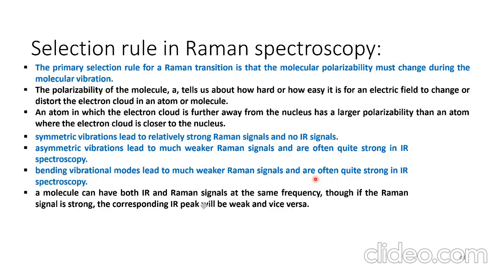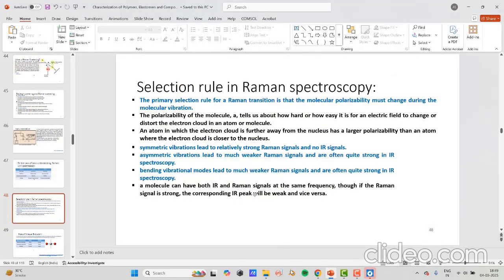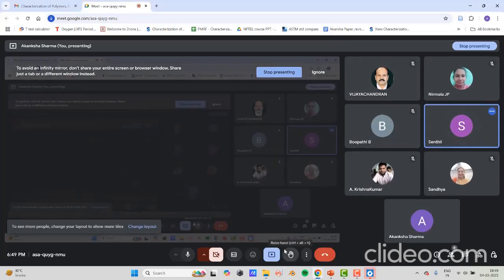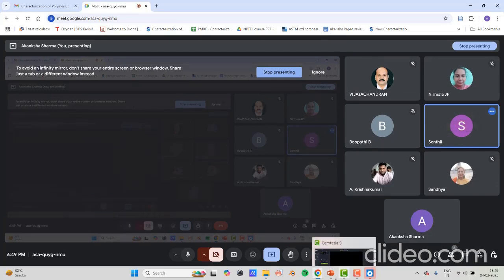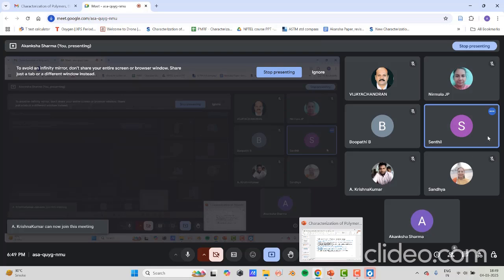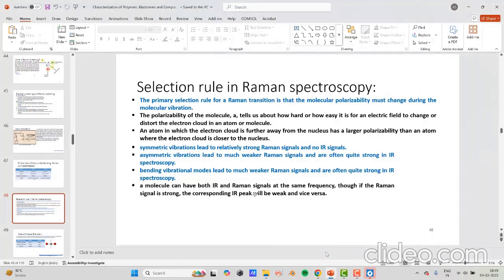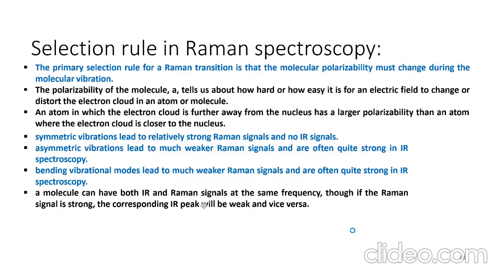The symmetric vibration leads to relatively strong Raman signals, and then asymmetric vibration leads to much weaker Raman signals and is often quite strong in IR.